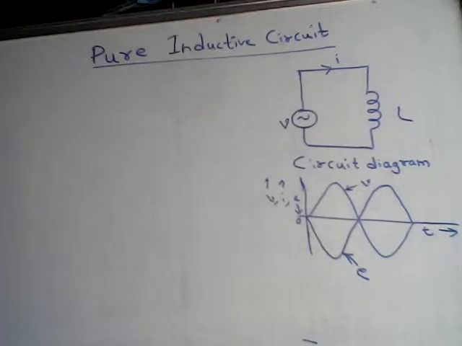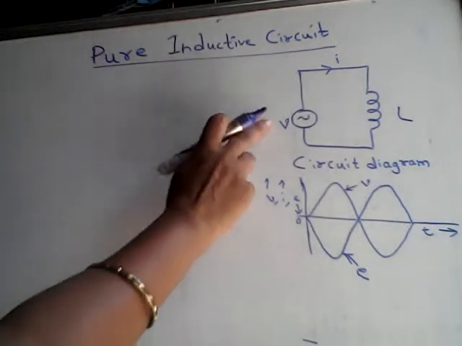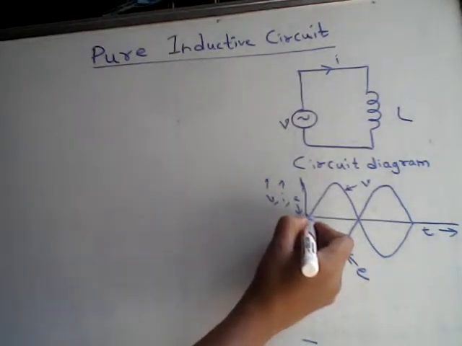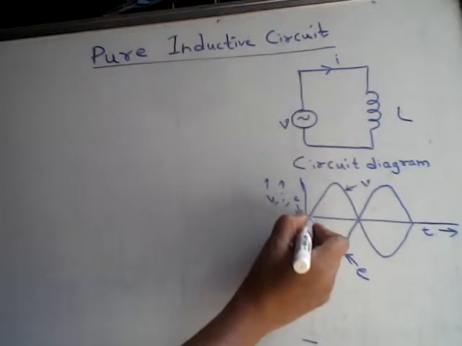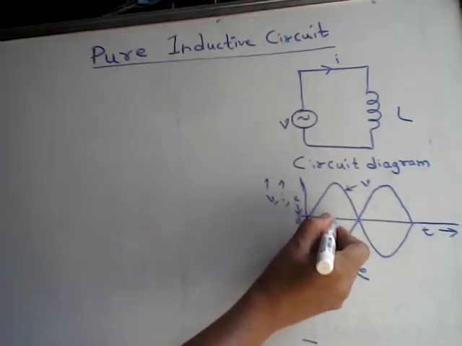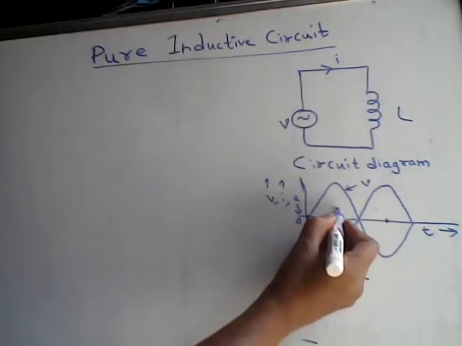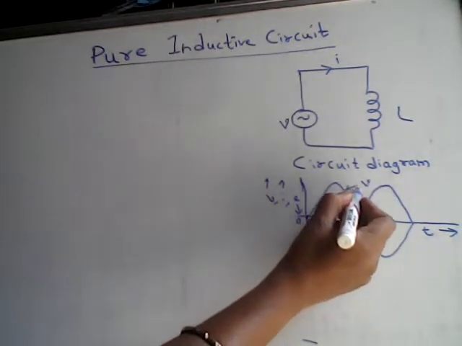Then in a pure inductive circuit, the current always lags behind the applied voltage by 90 degrees. So if the voltage has started here, the current will start somewhere here. So this can be shown in this way.